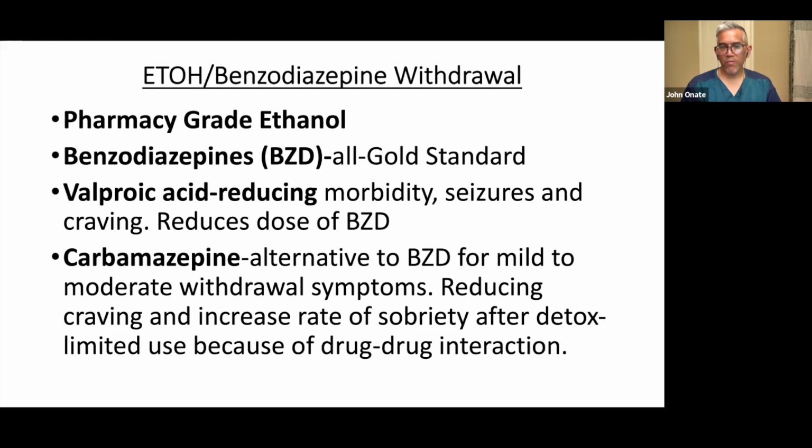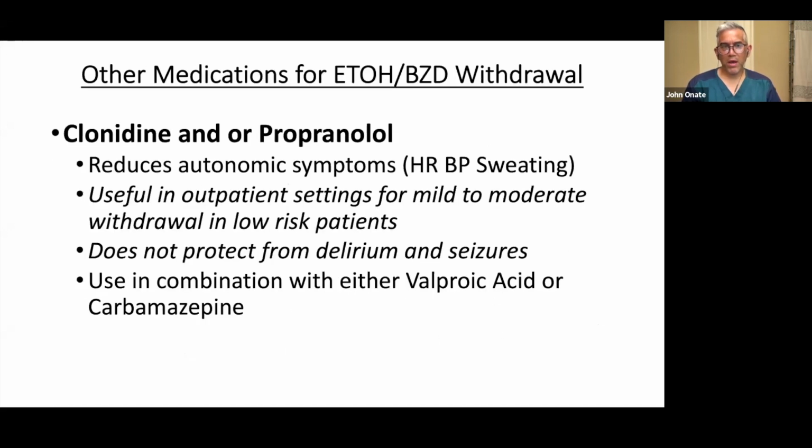There are some other medications you can add. You can add anti-epileptic medications. This is something that has evolved and has really helped reduce the morbidity and mortality from alcohol and benzodiazepine withdrawal. So Depakote, carbamazepine, I've seen topiramate, lamotrigine.